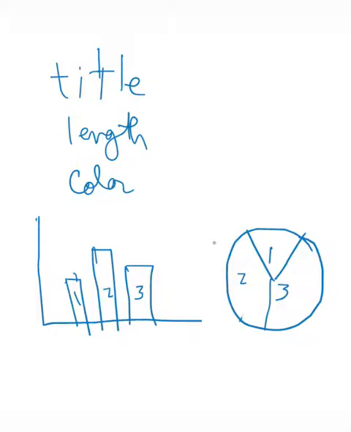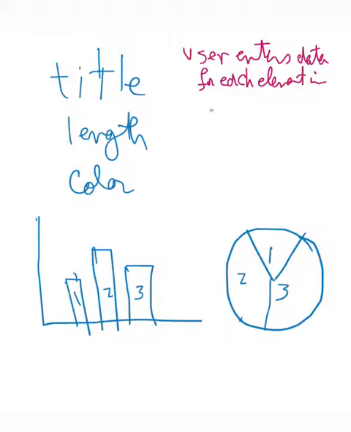So how can we go about solving this problem? This is some thinking that we want to talk about. The way the program would work is that the user will enter the data for each element in the collection. How many are in the collection? We don't know.